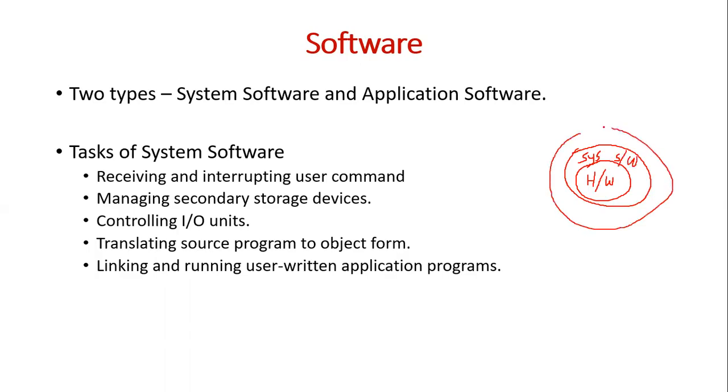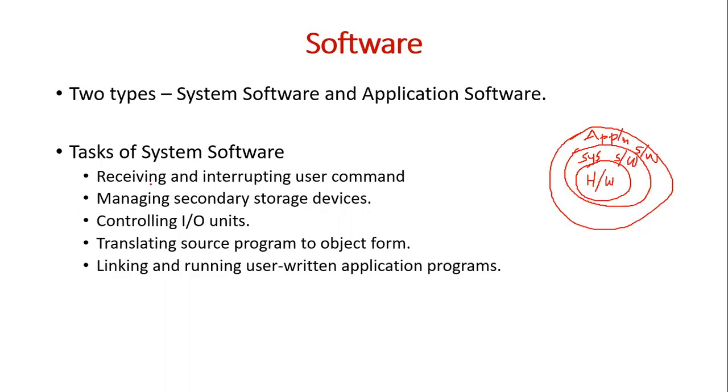In the next level you have application software. The application software cannot directly access the hardware. If it wants some job which requires the involvement of the hardware, then the application software will just place a request to the system software, and through the help of the system software, it will get the job done.